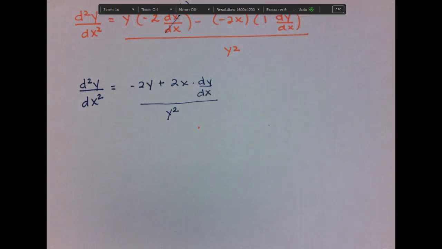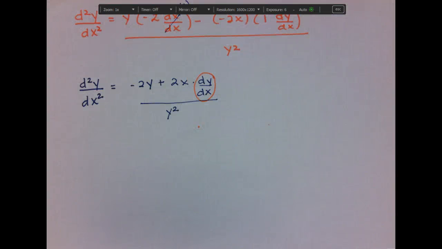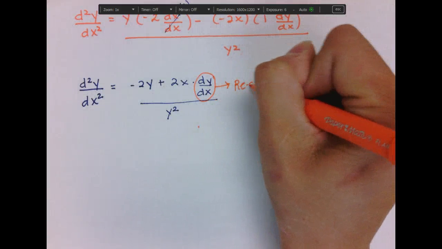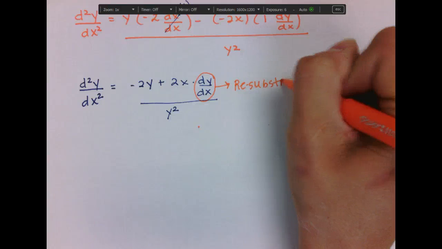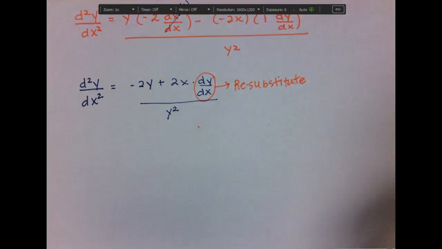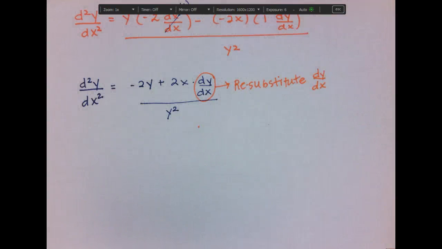Alright, so because we're finding the second derivative, we need to do something a little bit more advanced in this type of problem than we would if we were just finding the first derivative. And what we actually need to do is get rid of that dy over dx, and in order to do that, we're going to substitute dy over dx into this expression.